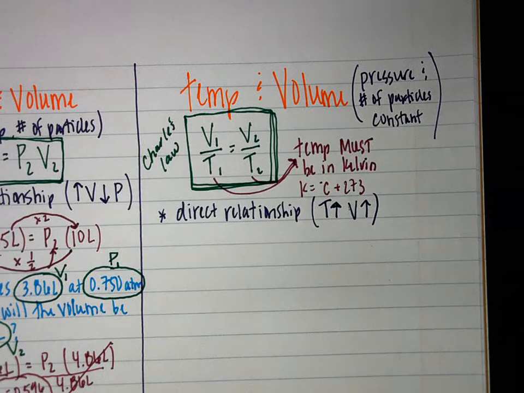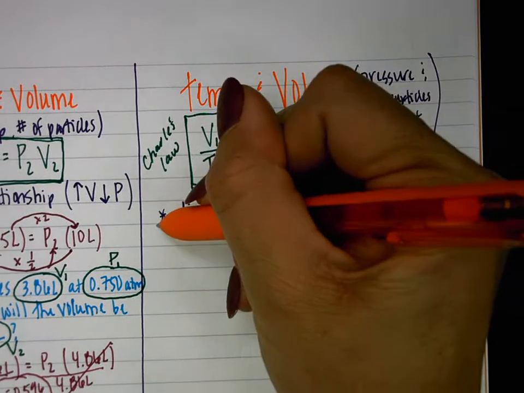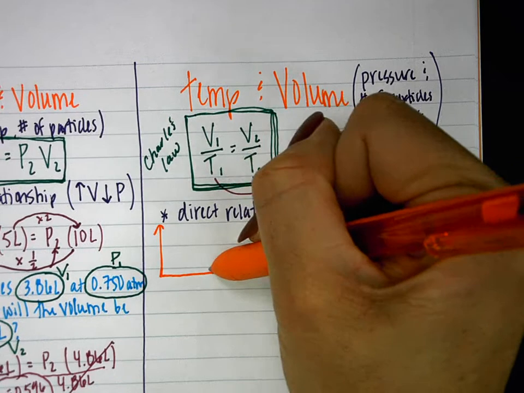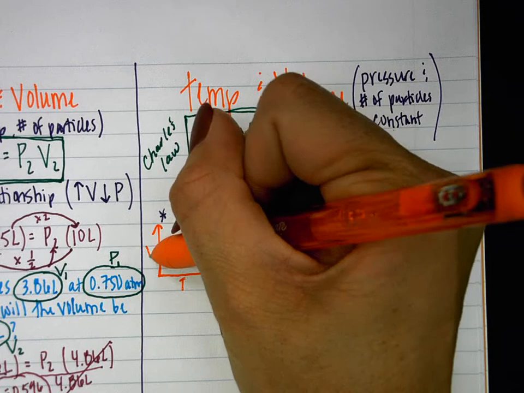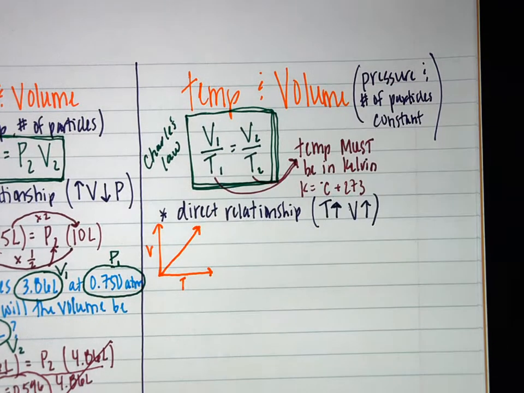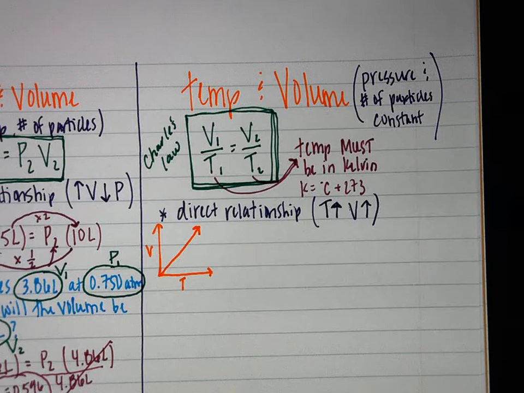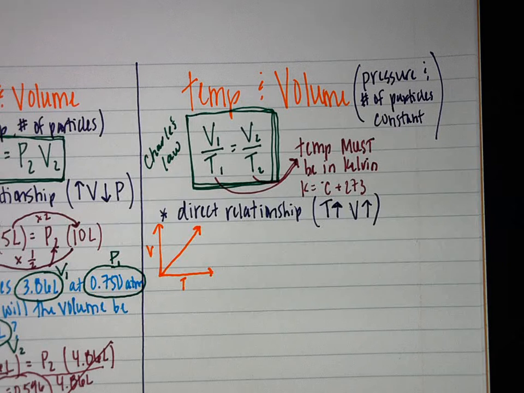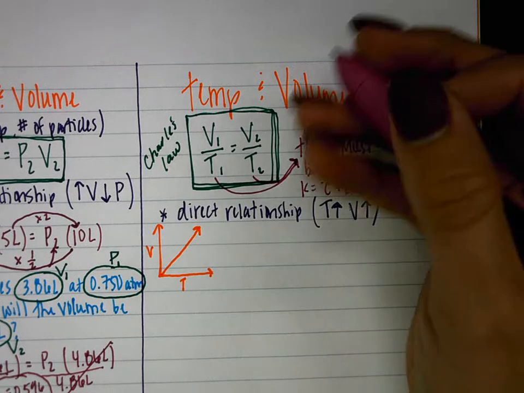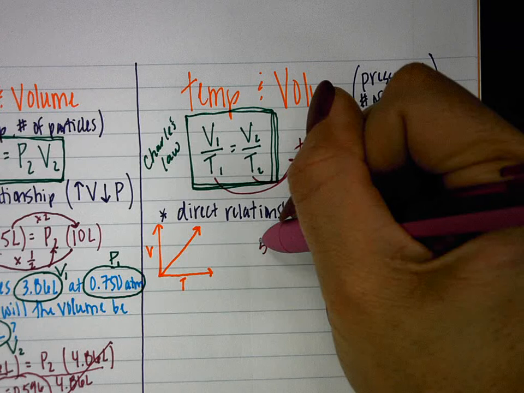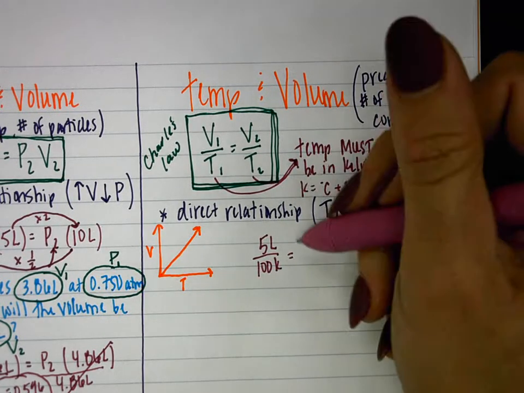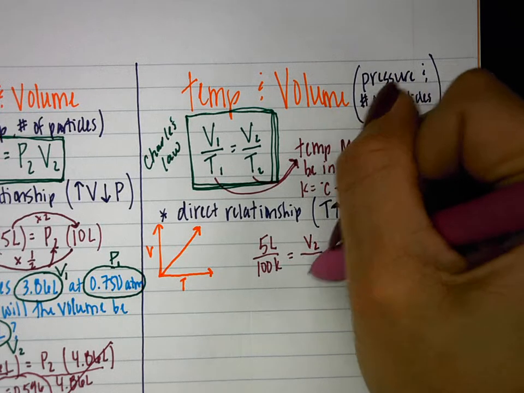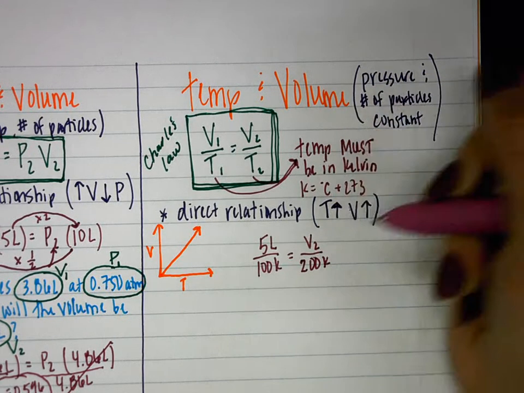Because if you increase the volume, it's not necessarily going to change the temperature of something. So, right, that volume is dependent on that temperature. Okay, and since this is a direct relationship, we know our temperature is the independent and our volume is dependent. Since it's direct, I'll give you another example like we did for Boyle's. Say we use 5 liters over 100 Kelvin, we've already converted, and we want to figure out what our new volume is going to be, and say our temperature is 200.